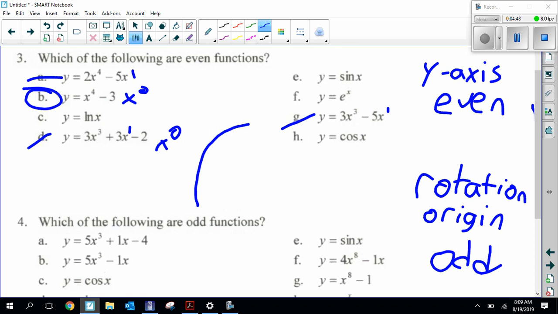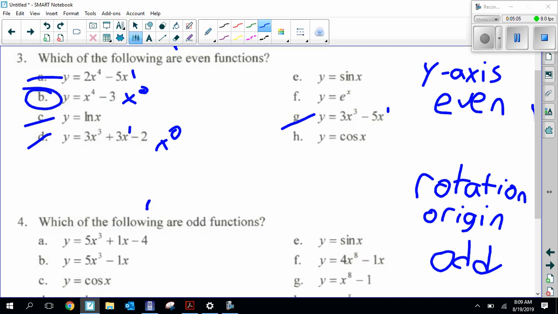So natural log looks like this. That has no symmetry. It doesn't have rotational, also does not have y-axis, so it's neither.